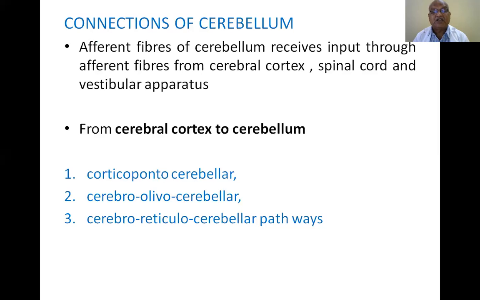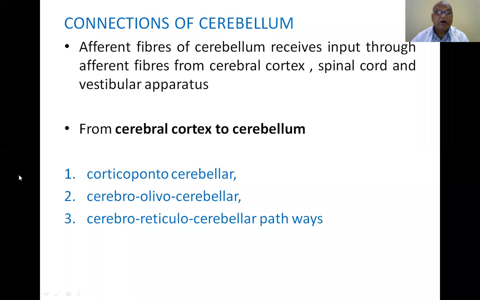From the cerebral cortex to the cerebellum, what are the fibers? Cortico-pontocerebellar fibers, cerebro-olivocerebellar fibers, and cerebro-reticulocerebellar pathway. These 3 paths come from the cerebrum, the highest part, from the motor cortex or sensory cortex. So they reach the cerebellum.